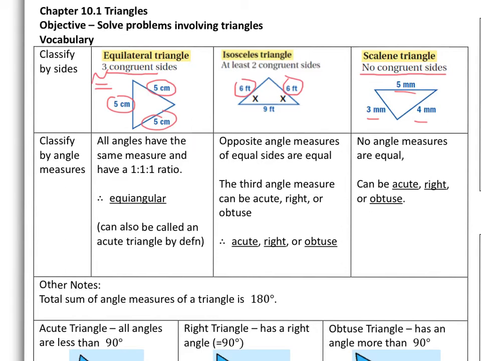To classify triangles by their angle measures, for an equilateral triangle, we need to make sure that all angles have the same measure and have a 1:1:1 ratio. So if I have an equilateral triangle, I need to make sure that all these angles are 60 degrees.